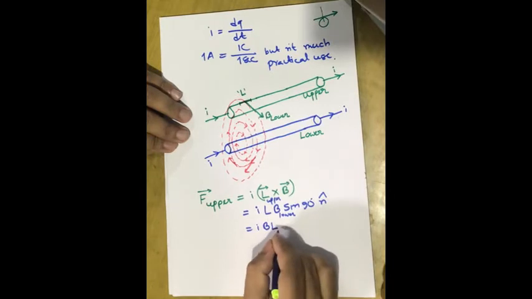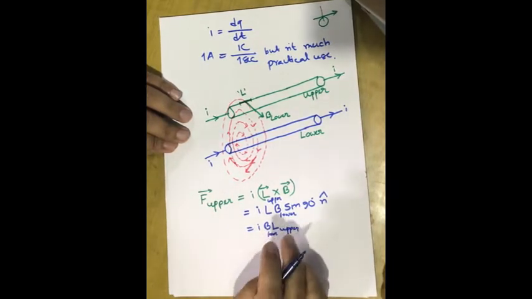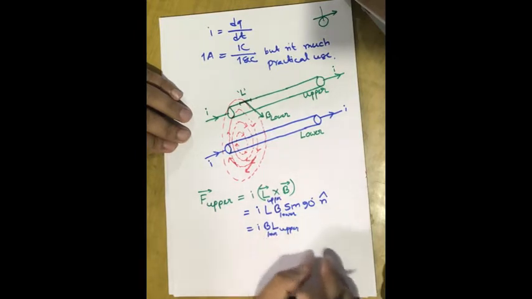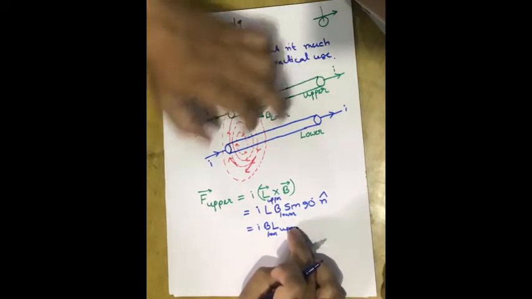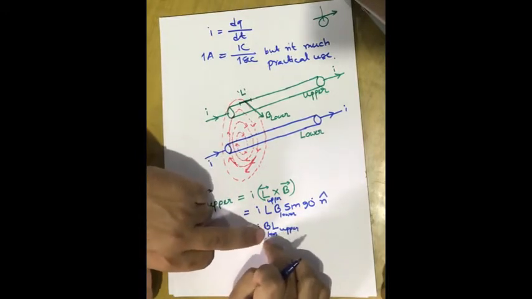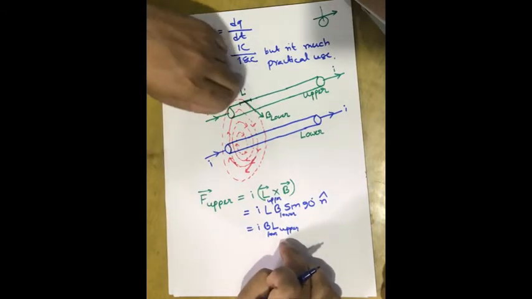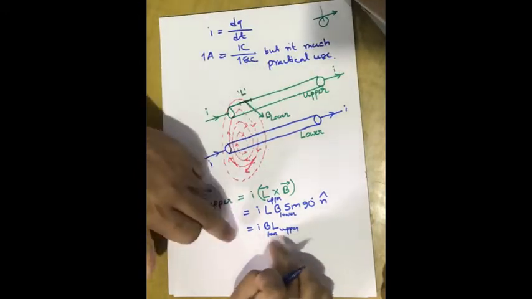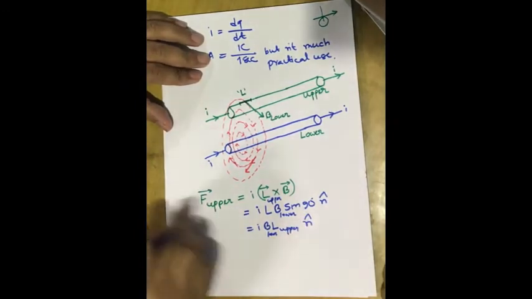I hope you understand the meaning of this suffix. L upper means we are considering the upper conductor, and it is in the region of magnetic field created by the lower conducting wire, so we use B lower, and the current carried by this upper conducting wire is I. So this will be I B lower L upper into n cap.